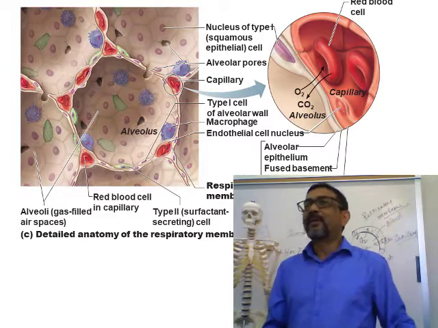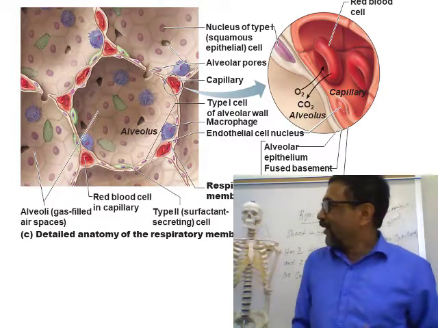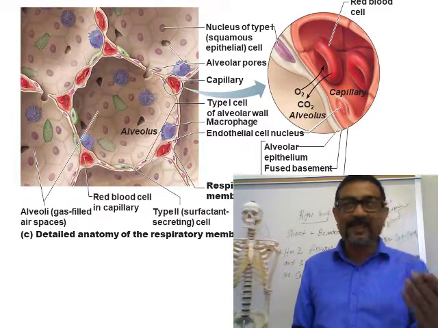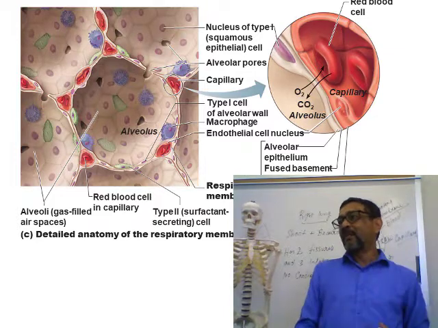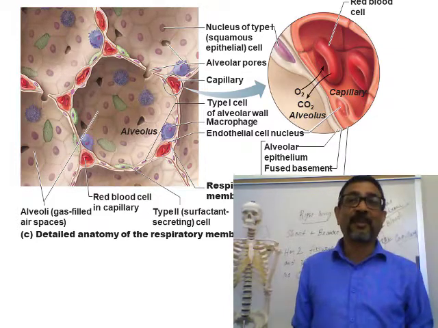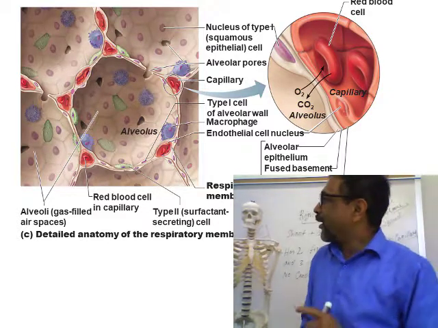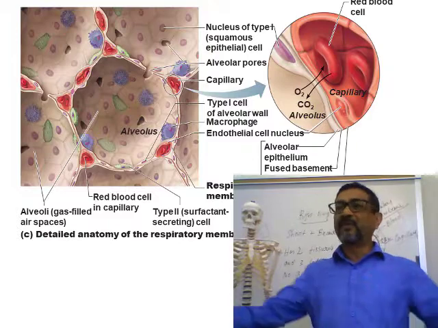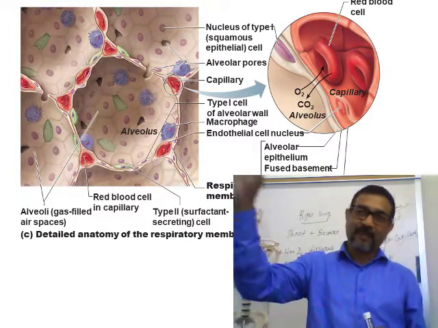Also, you have some surfactant secreting cells. Those cells do what? Its name is telling you. Surfactant secreting cells secrete what? Surfactant, which is a fluid or chemical that I have mentioned. Very important. We will talk about that. And another type of cells, they engulf the antigens, macrophages.